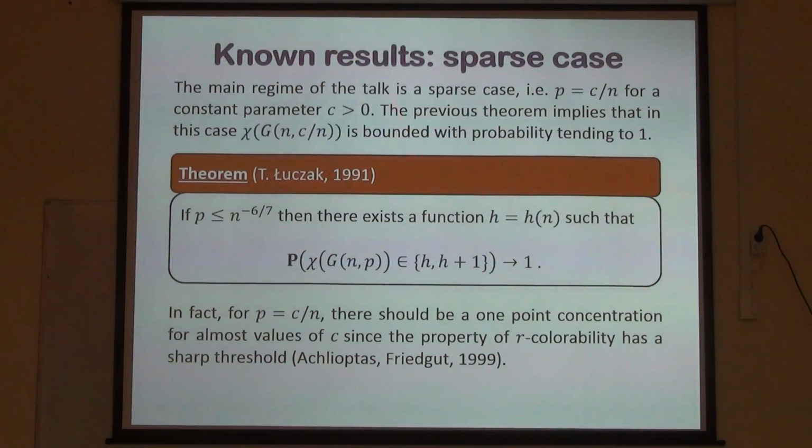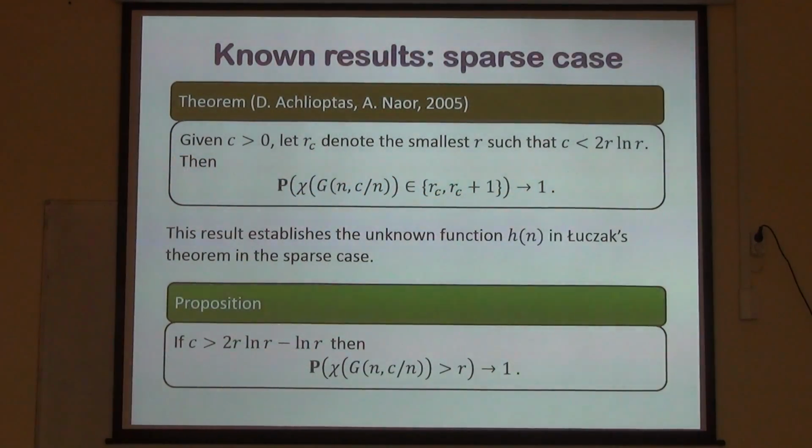But this is the existence. Given a constant c, what is the value of this function h of n? This was established by Achlioptas and Naor in 2005, and they proved the following. In the sparse case, given c, let r_c denote the smallest r such that c is less than 2r log r. So if we have a constant c, we can calculate this number r_c.